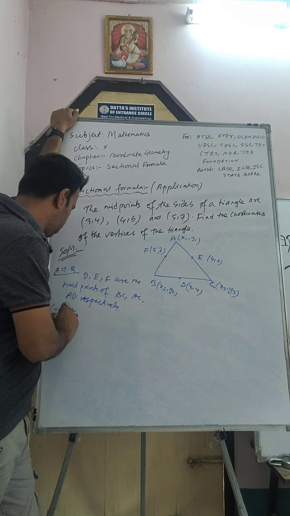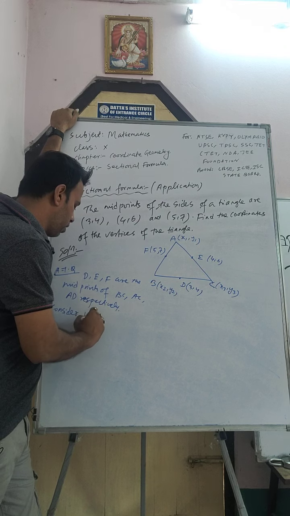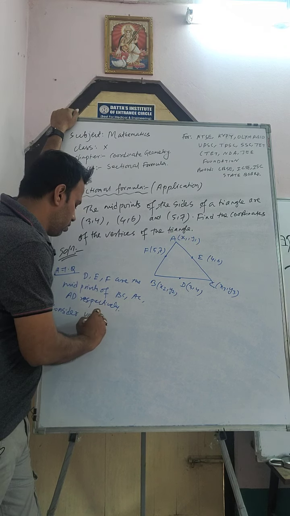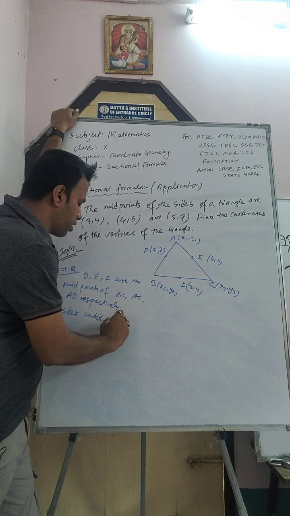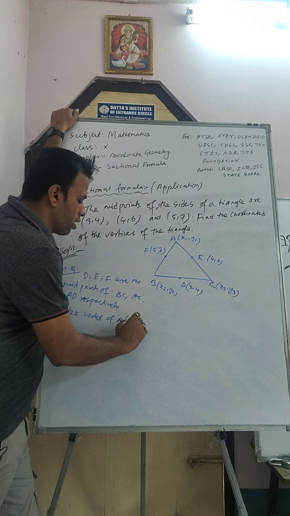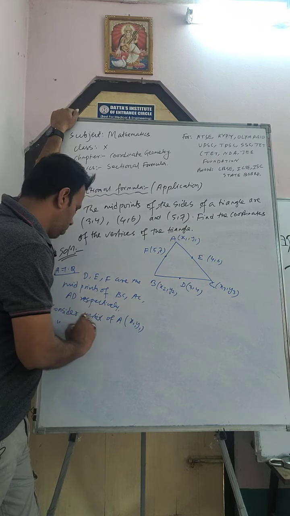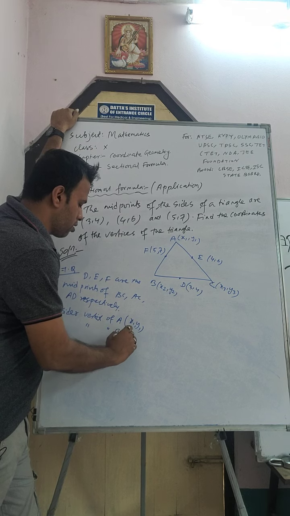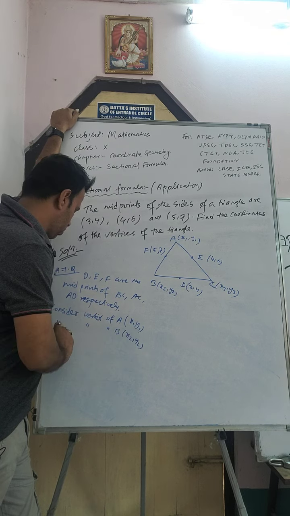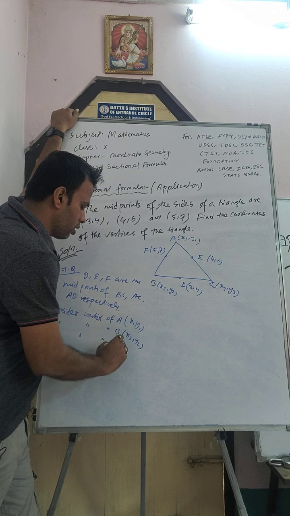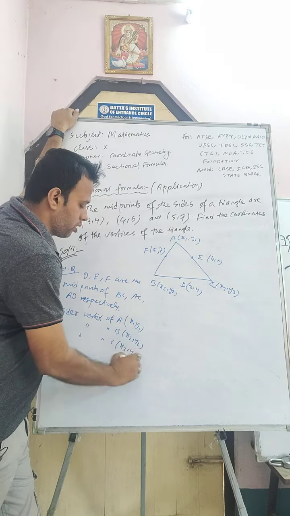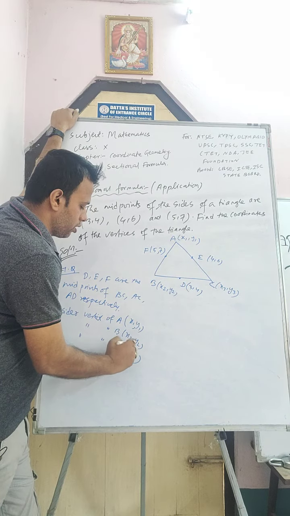Consider vertex A is x1 comma y1, vertex B is x2 comma y2, vertex C is x3 comma y3. Okay, fine.